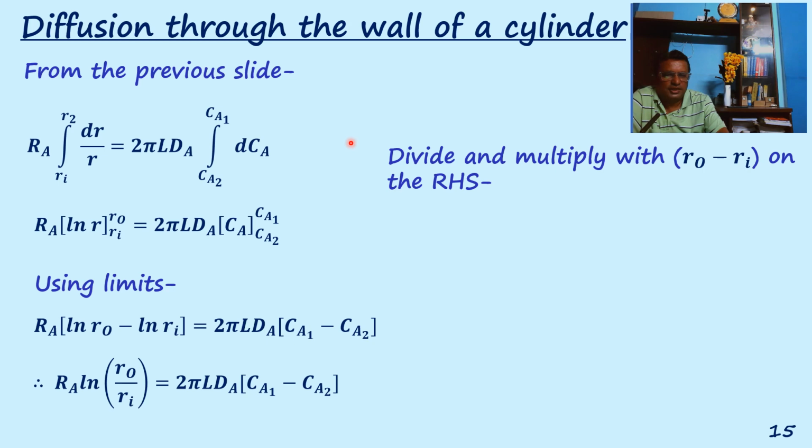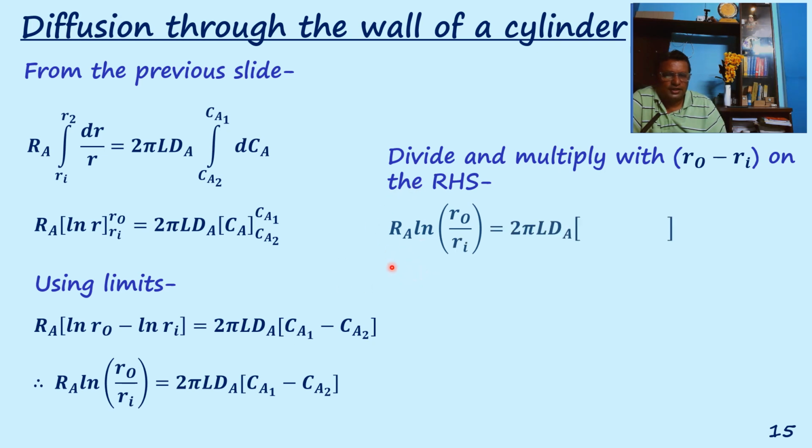Okay, so now let us simplify it further. We are going to divide, and in order to put it in a proper form we are doing this. We are dividing and multiplying the right hand side of this equation with this term R0 minus Ri, the difference between outer radius and inner radius, the thickness you can say.